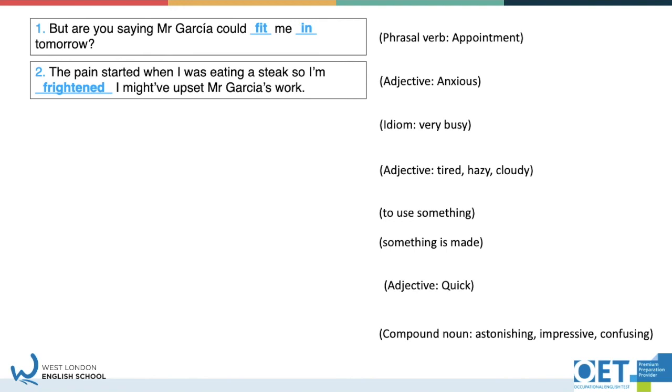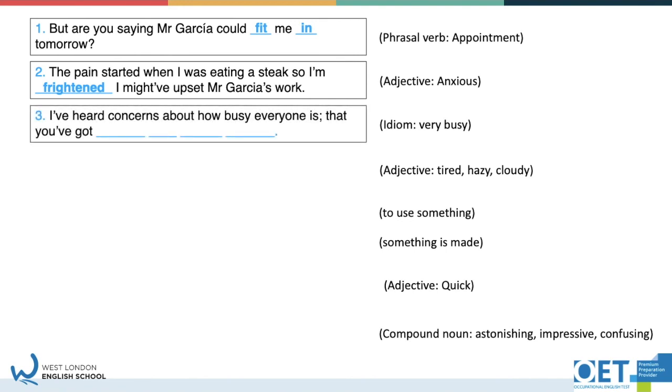Frightened is what they said. So frightened in this case is meaning the same kind of thing as anxious, worried. Number 3. Yeah, enough on your plates. So if you have enough on your plate, it's not really about food, it's saying that you are very busy.